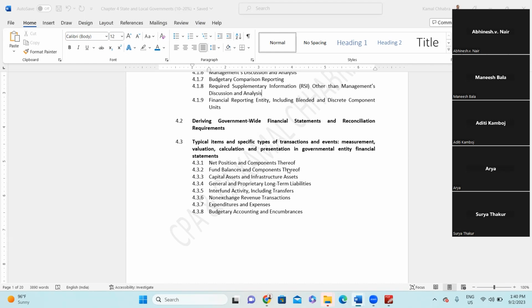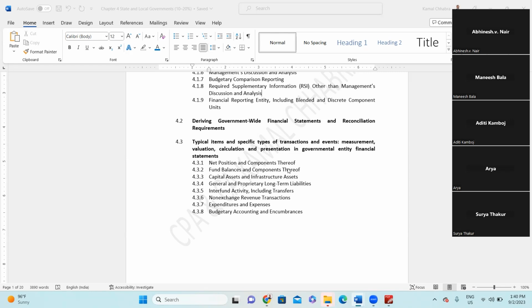Basically, you mentioned that an organization gets funds for 3 different activities. For those funds you prepare fund statements, whereas the government-level statement would be at the entity level for the entire thing.